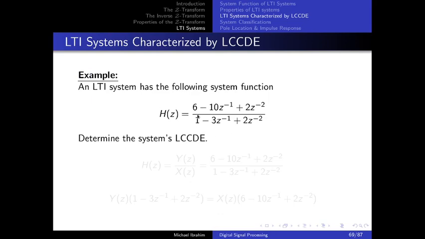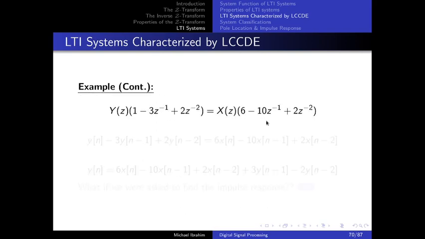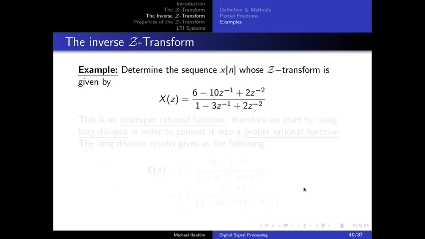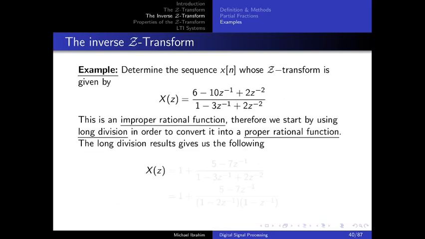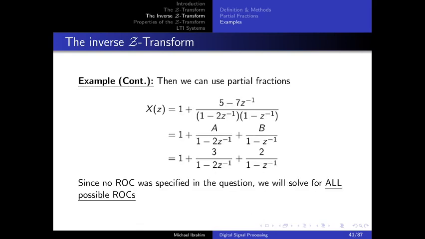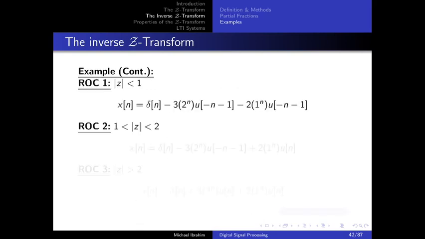Now it's an improper rational function, so first you would do long division and then partial fraction, and then you can find h[n]. If you click this hyperlink, it was one of the examples we solved previously when we were working on the inverse z-transform, with an improper rational function and long division. We have already done this example before, and we can find h[n].